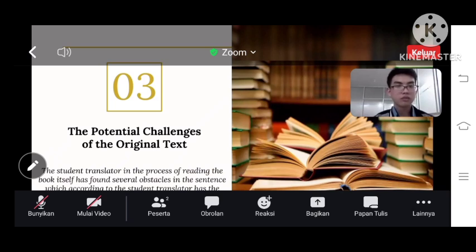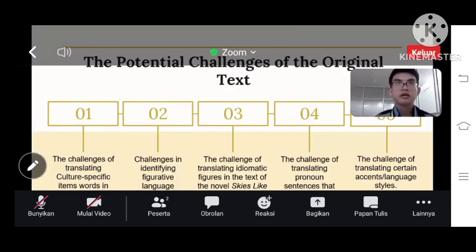And then next, I'd like to talk about the potential challenges that a translator may face. The challenges in translation can be classified into 5 types as follows.